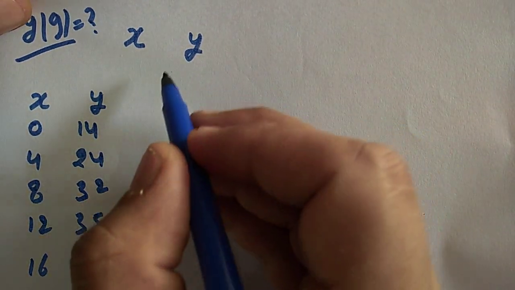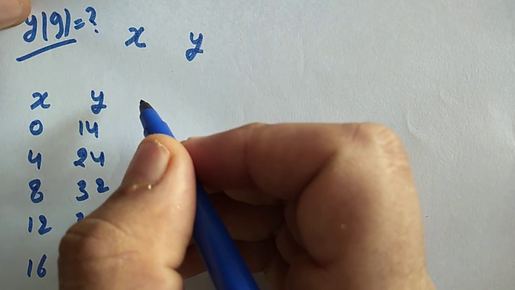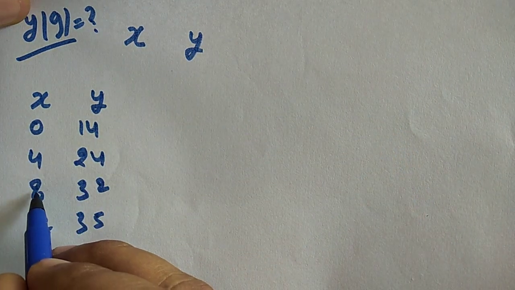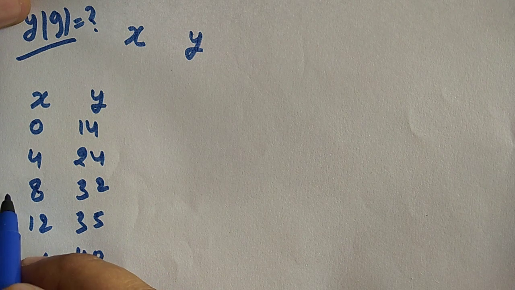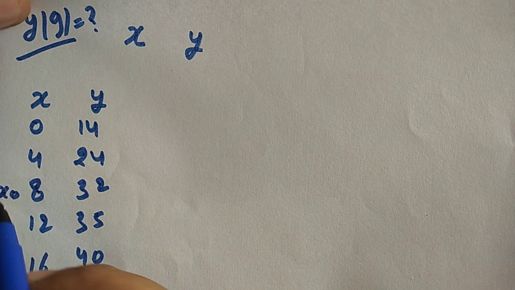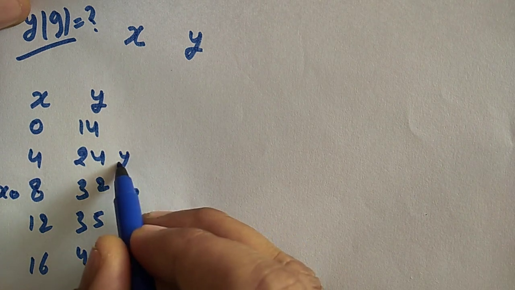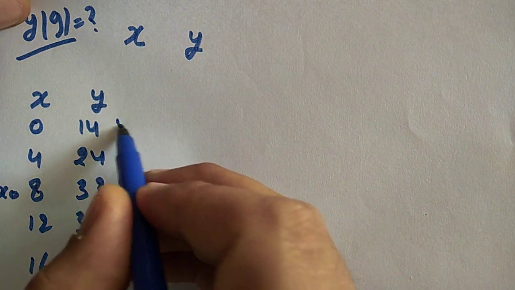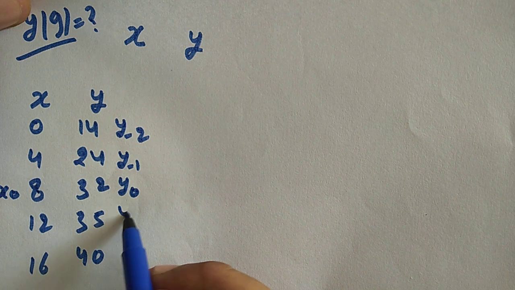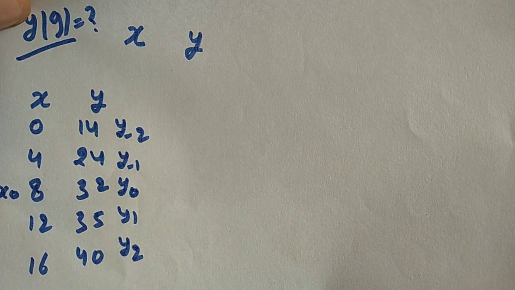So now your required point is 9. So this we take as x0, and corresponding to this we have y0. So this is y minus 1, this is y minus 2, this is y1, this is y2.